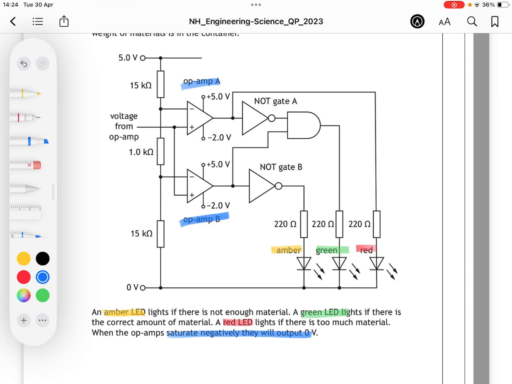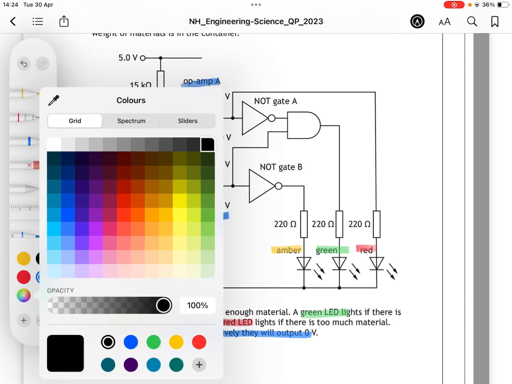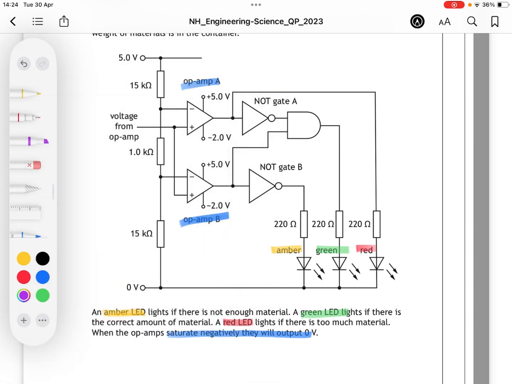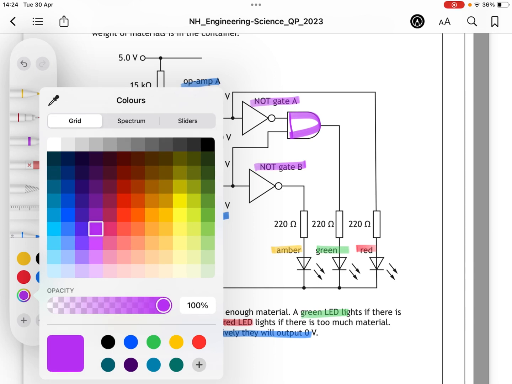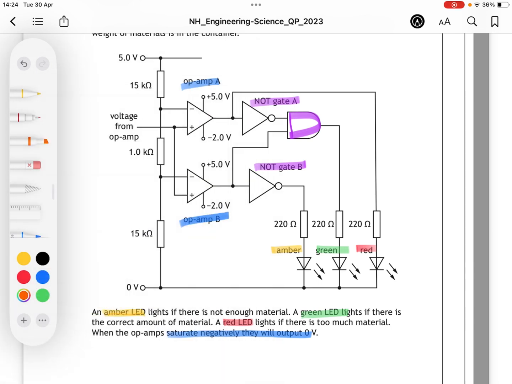A couple of other things to notice. We have got 2 NOT gates and 1 AND gate here, and then we've got a voltage divider setup that is going in one instance to the inverting input of op-amp A, and another to the inverting input of op-amp B.